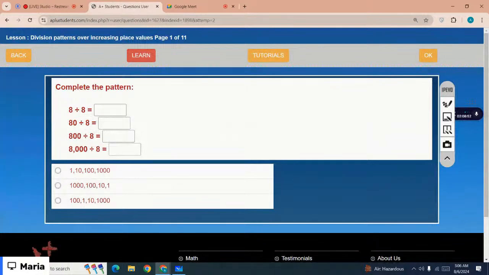Which is the correct option? 8 divided by 8, 80 divided by 8, and 800 divided by 8.